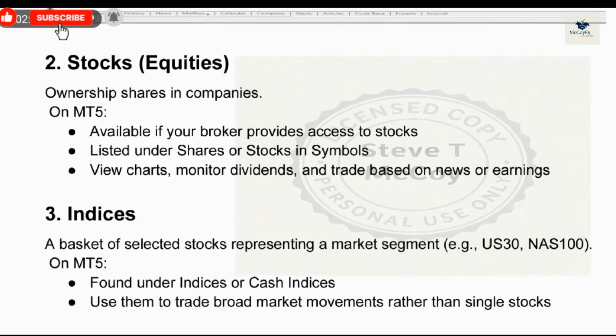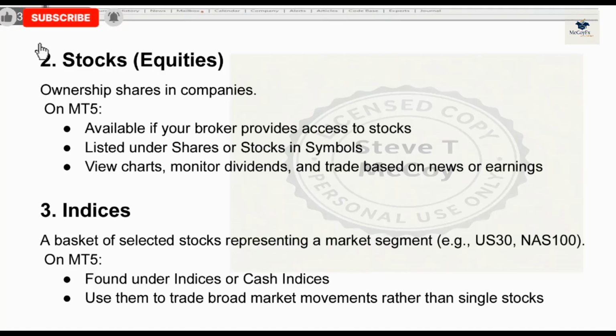Number 2, we have stocks or equities. Ownership shares in companies. So you can buy a share in any company if you have what it takes to do so. This is available if your broker provides access to stocks listed under shares or stocks in symbols.